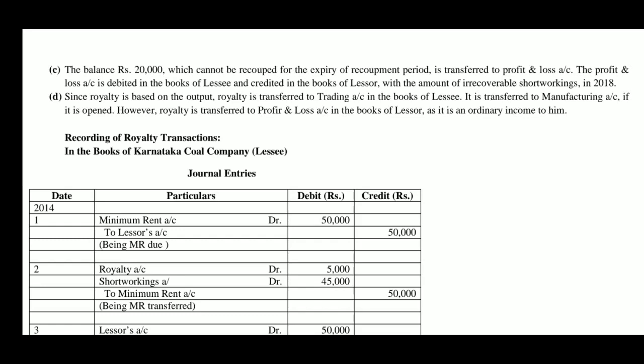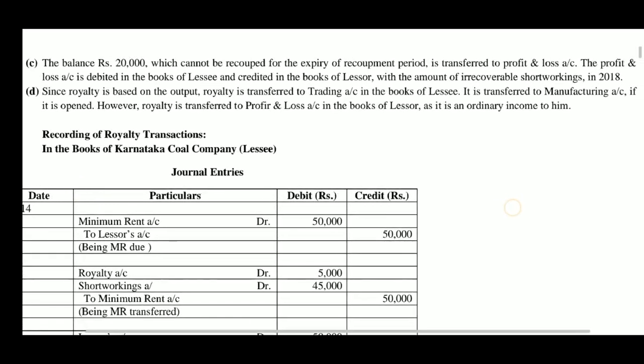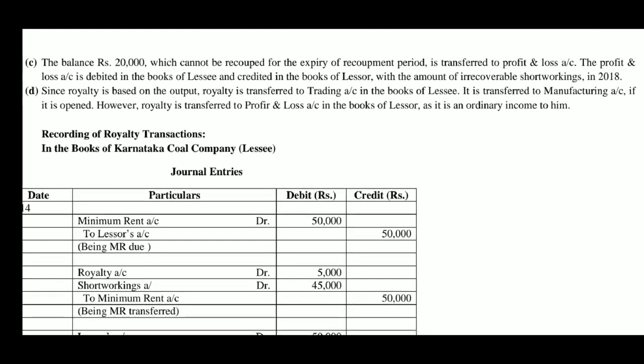Since royalty is based on the output, royalty is transferred to trading account in the books of lessee. When we verify the journal entries, it is easily understandable. It is transferred to manufacturing account if it is opened. In the sense, as far as lessee is concerned, royalty at the end of each year is transferred to either trading account or manufacturing account.